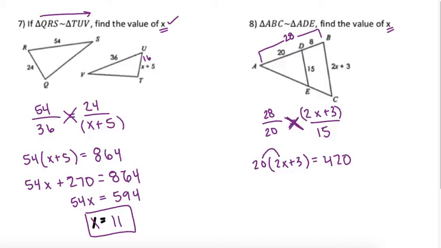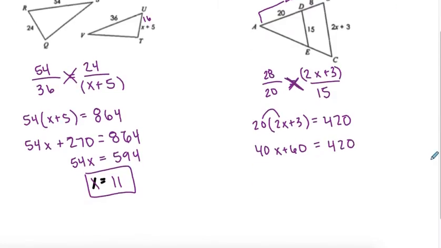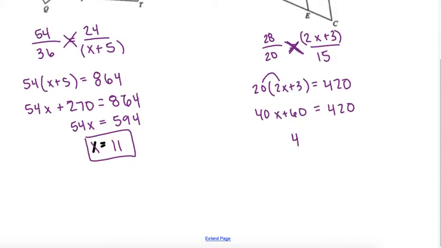I'm going to distribute here. I get 40x plus 60. Bring down that 420. And now I have a two-step process. So I have minus 60, 420 minus 60, 360, and divide by 40, last step.